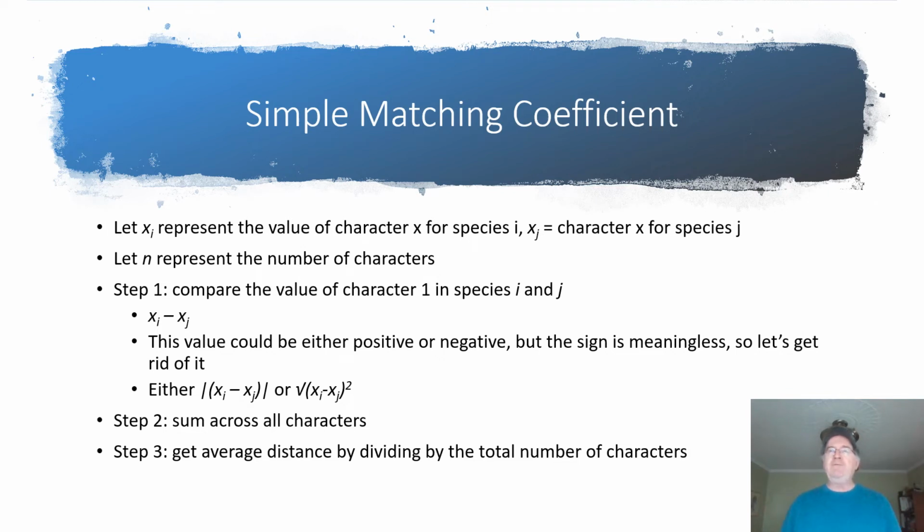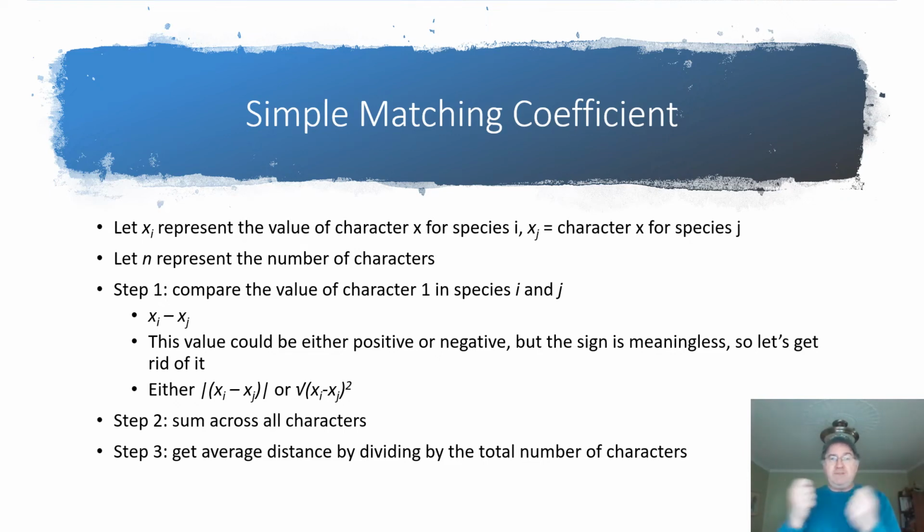But basically we have two species, and we look at each individual character. So for character i, for species i, we look at its value. Species j, we look at its value, and we compare them.